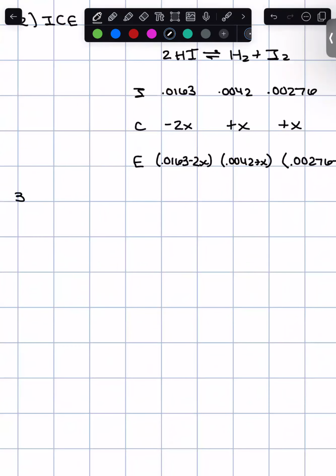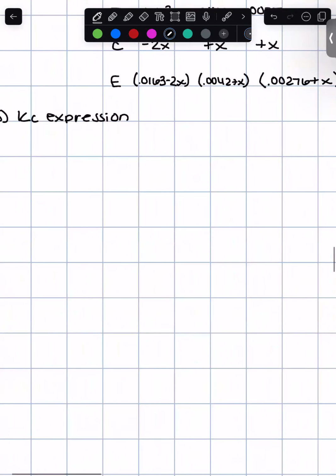Now let's do our Kc expression. These are all gases, so they all belong in there. So Kc is equal to the concentration of H2 times the concentration of I2 over the concentration of HI squared.